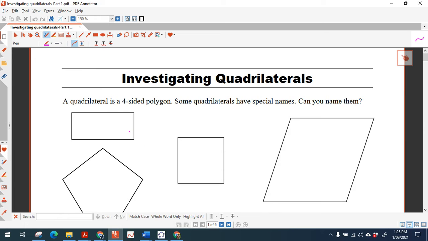So first one, obviously that's a rectangle. And this one looks like a square. This one over here, all sides are equal. This is called a rhombus.